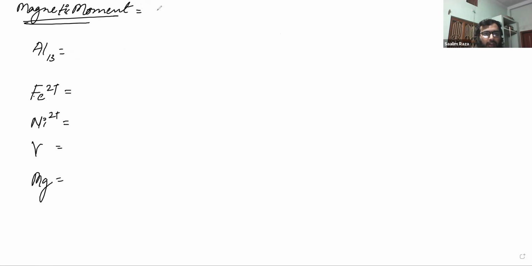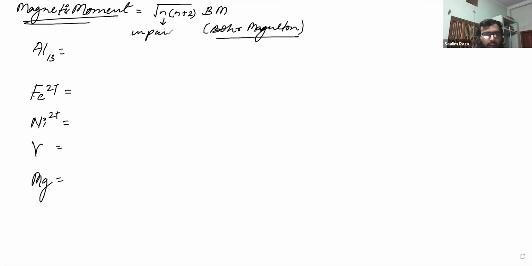We calculate it by square root of n into n plus 2, and the unit is BM. It is known as Bohr magneton, the atomic unit for magnetic moment. And what is n here? n is the number of unpaired electrons. Okay. Yes, sir.